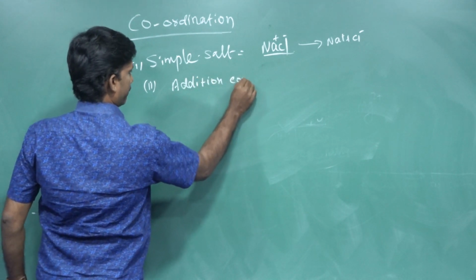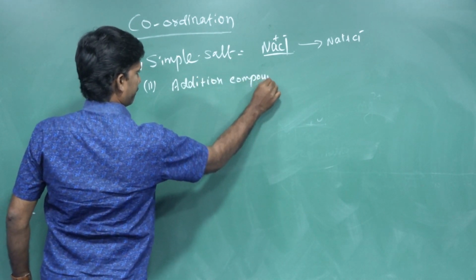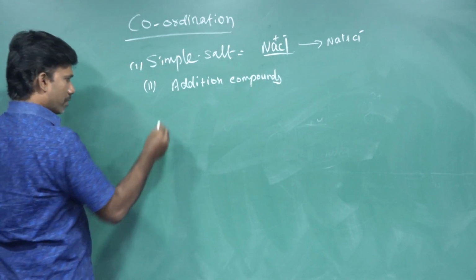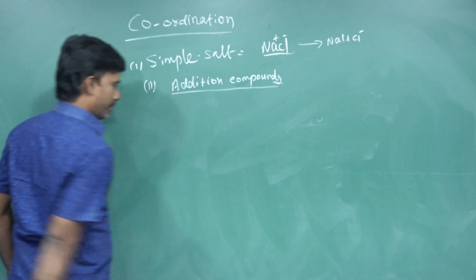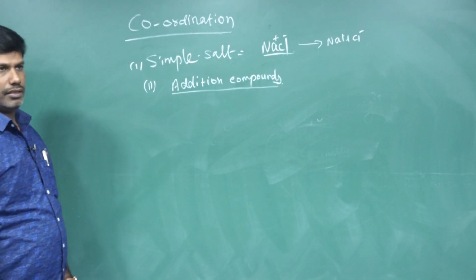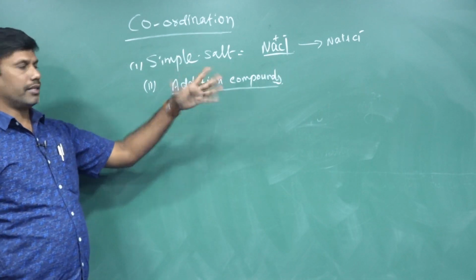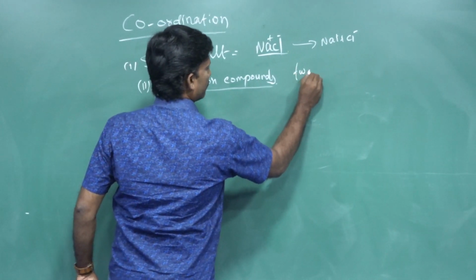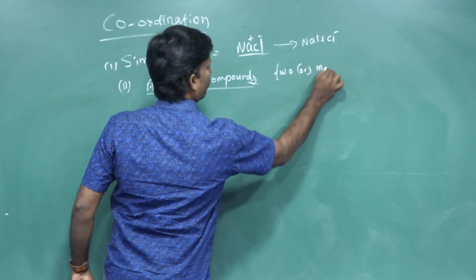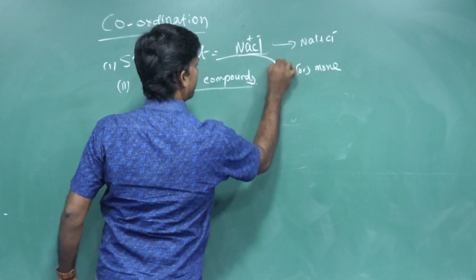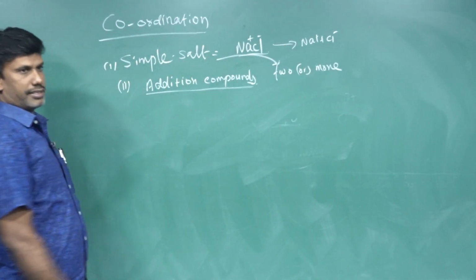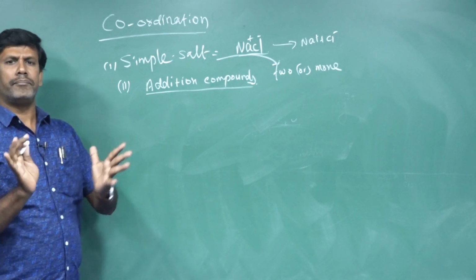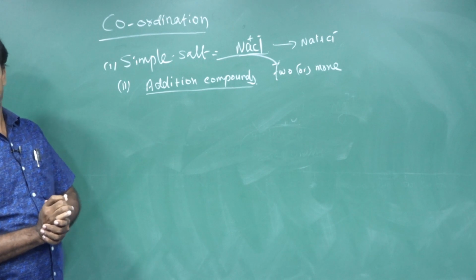Addition compounds. There are two types of addition compounds. First, what is an addition compound? Addition compounds are nothing but two or more simple salts combined to give an addition compound.